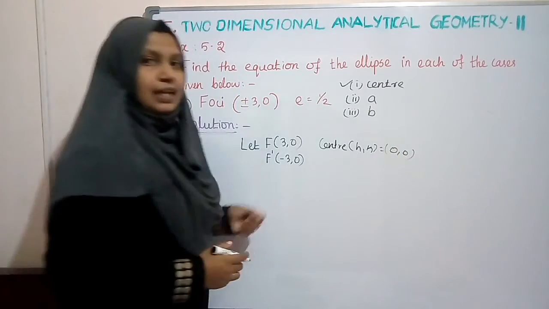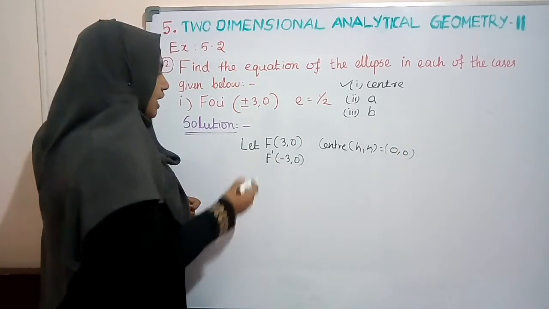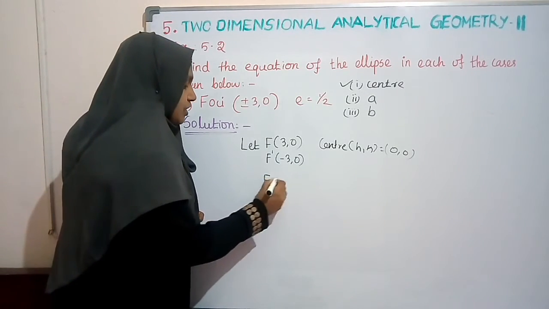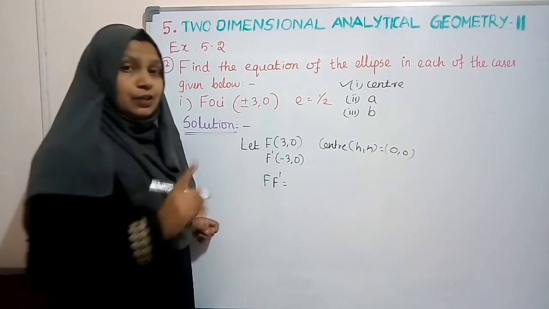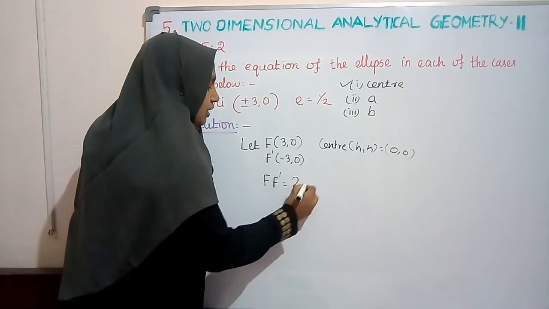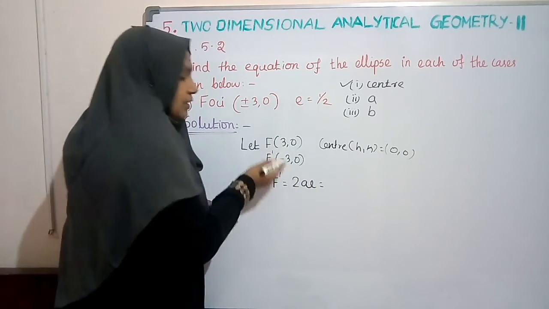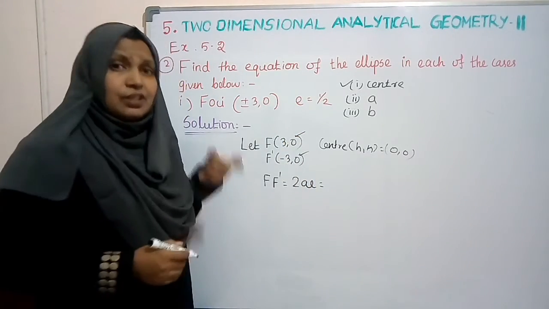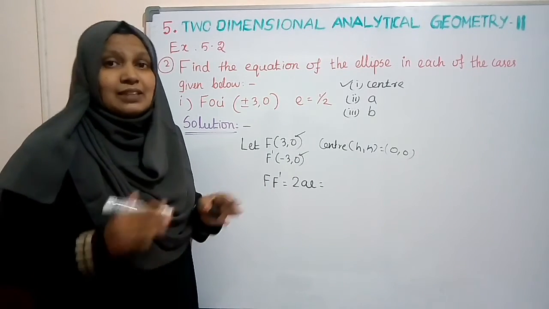Next we have to find either a or b. For that we can take the distance between the two foci, which is 2ae. So just find the distance here. See, the y coordinates are the same, so if one of the coordinates is equal, just subtract the other one.